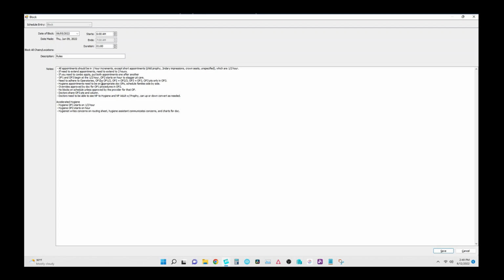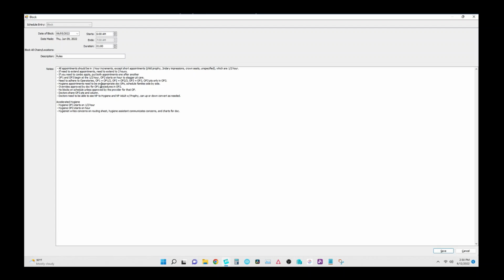Those prophies a lot of times take up just as much time, or maybe even more time than crown preparation. So it's important that we slide those over to the appropriate OP1 or potentially OP2, especially if you're running a hygienist with accelerated hygiene. Their operatories are going to coincide. Their operatory 1 and their overflow is going to coincide exactly with the doctor's production and OP2 operatories.